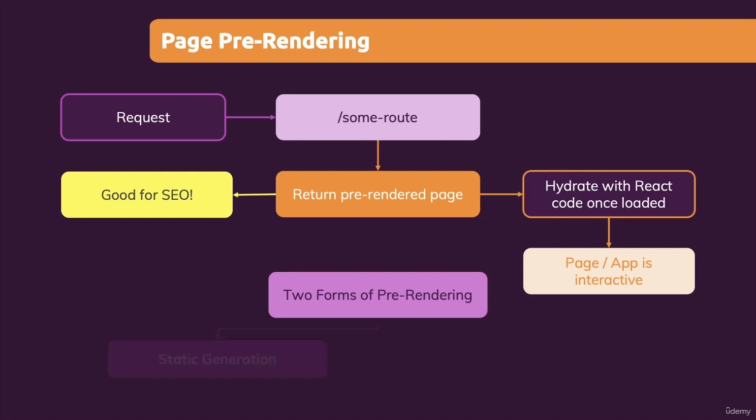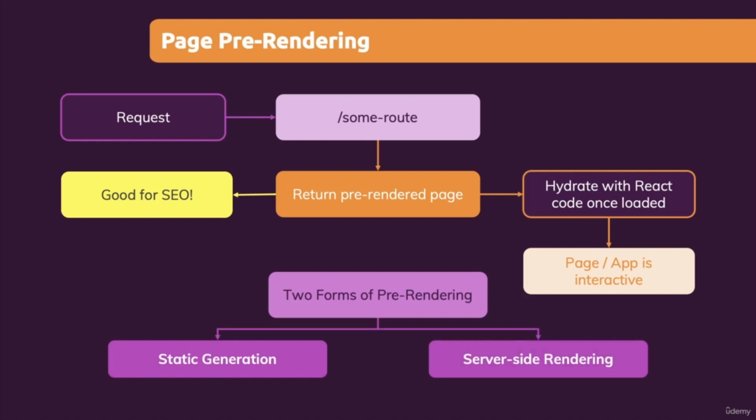It has something which is called static generation, and it has an alternative which is called server-side rendering. And the two might sound similar, but the code runs at different points in time, as you will learn over the next minutes. Now we're going to start with static generation, because that is the approach which you typically should use. But how does it work?